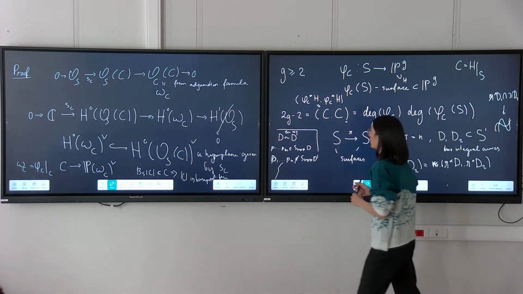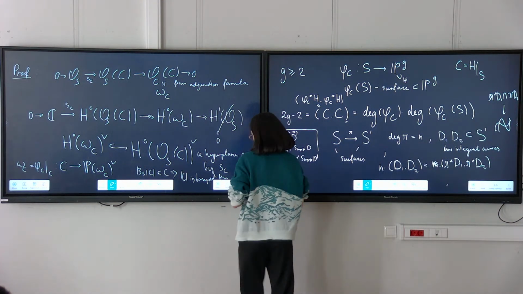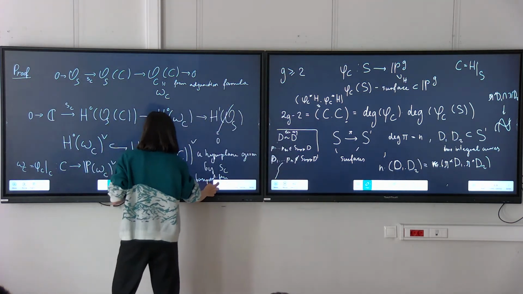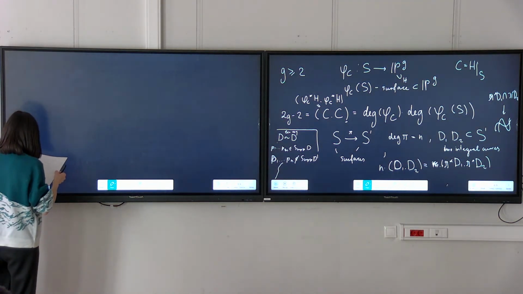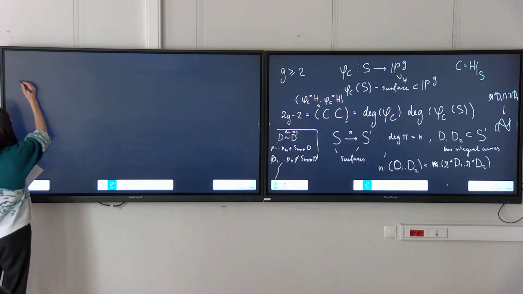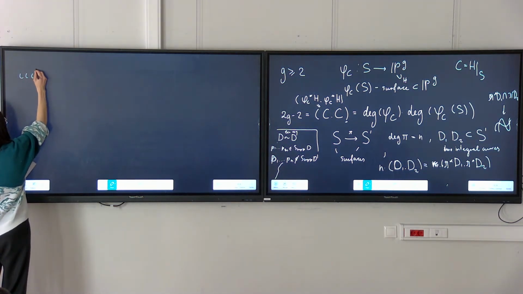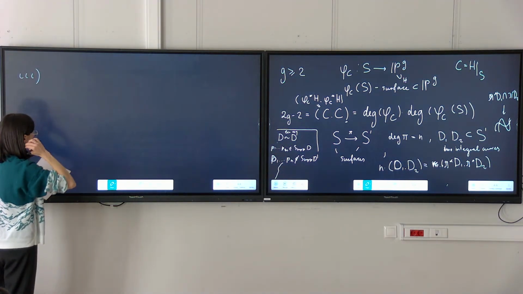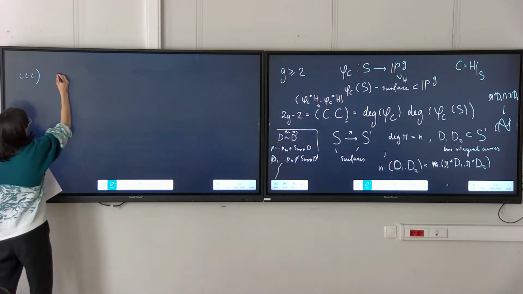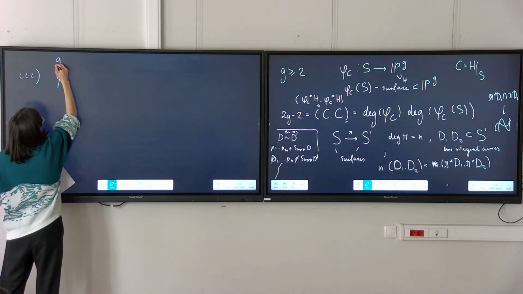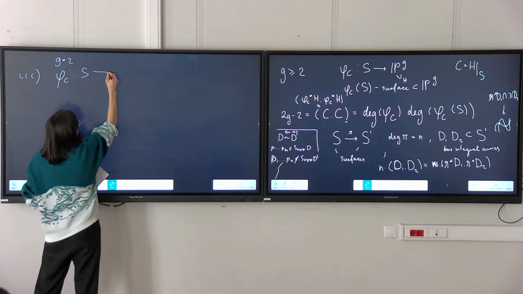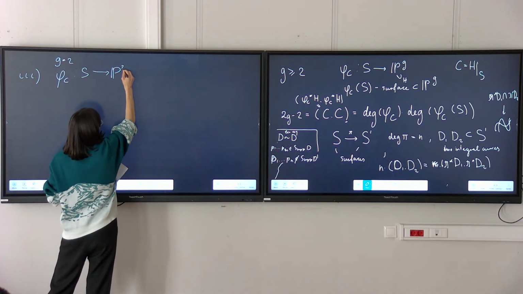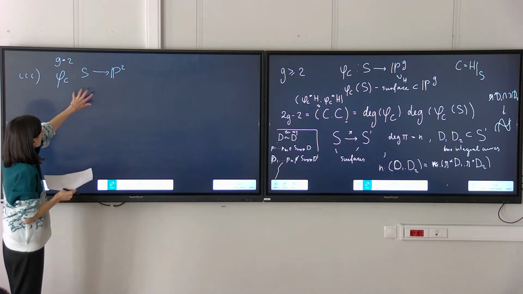Okay, so we have this formula, and now what do we have next? Now we can prove all the remaining statements. So for genus equal to 2, we obtain a map from C to P2, and this is a surjective map.